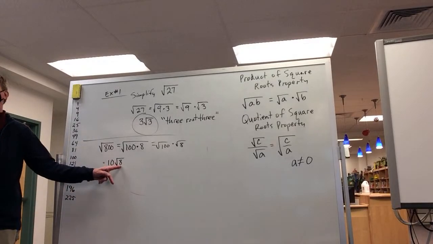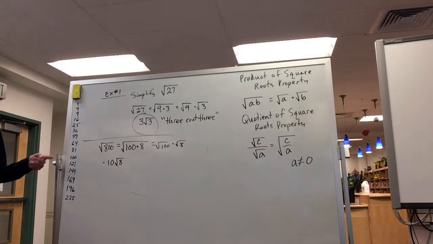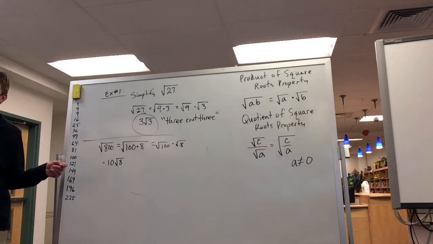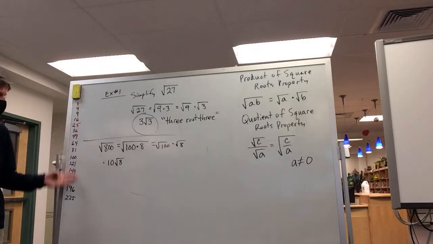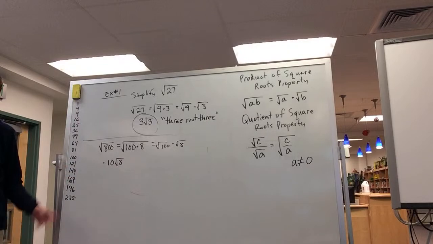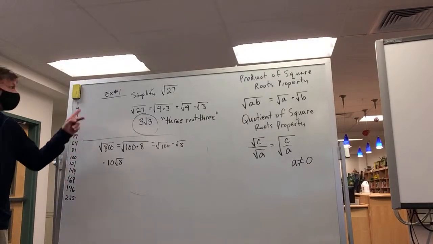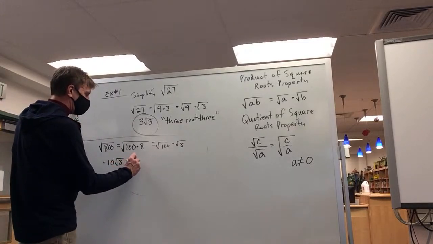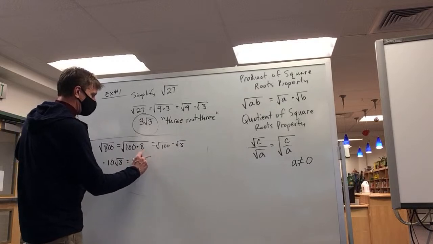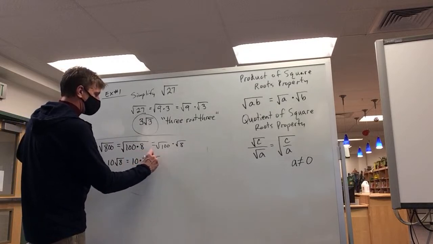But what about 8? Can you write that as 2 factors, where one of the factors is one of these perfect squares? Which one? 4 and 2. So we take the 4, now we've got 10 times the square root of 4 times the square root of 2.